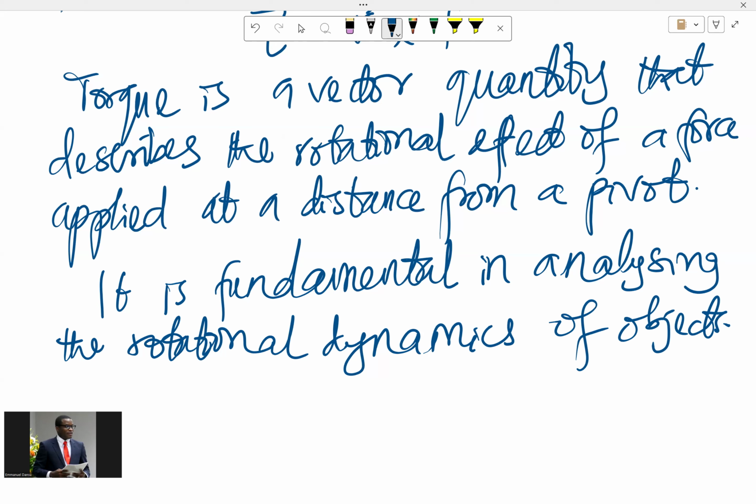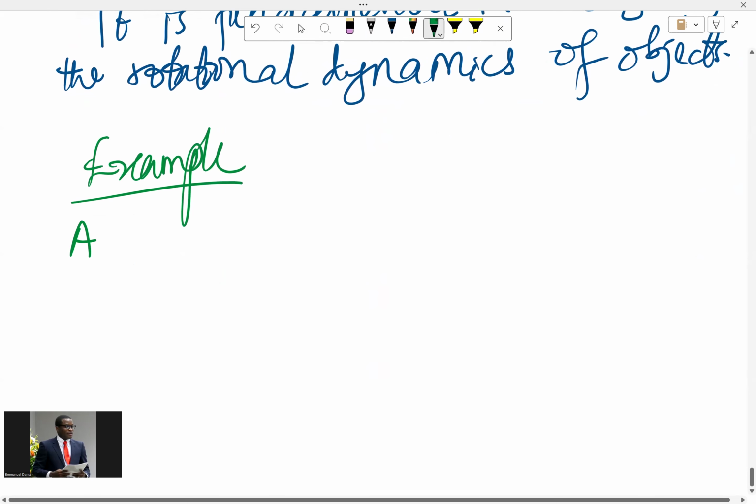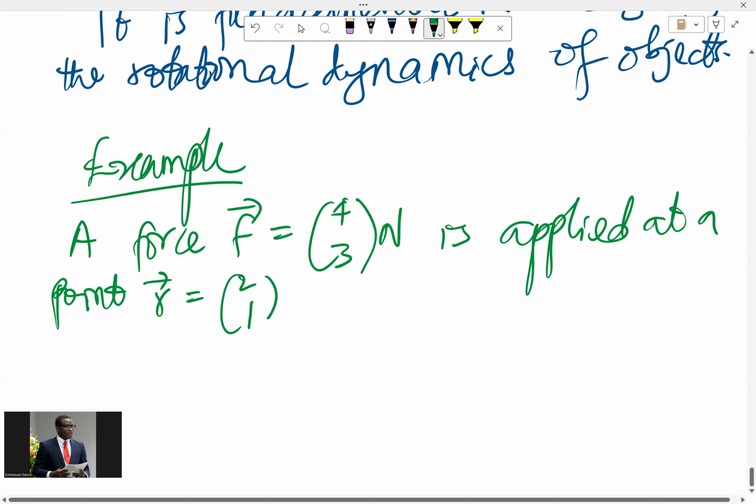So example, a force F which is (4, 3) Newton. That's 4 Newton in the horizontal direction and 3 Newton in the vertical direction. A force F (4, 3) is applied at a point R, which is (2, 1) meter from a pivot.